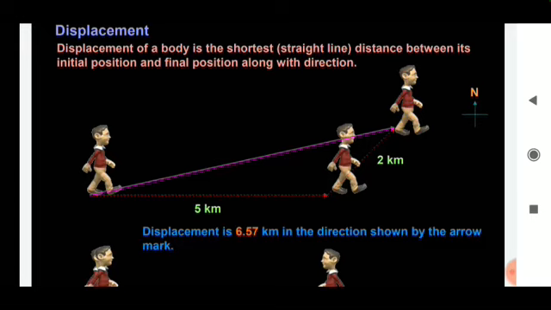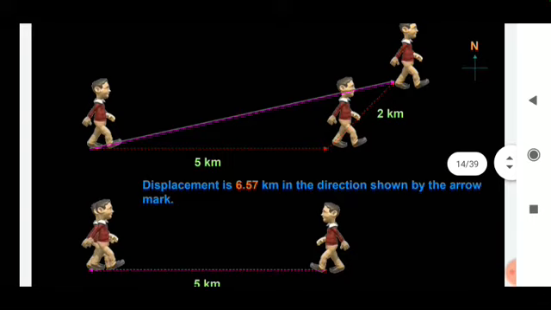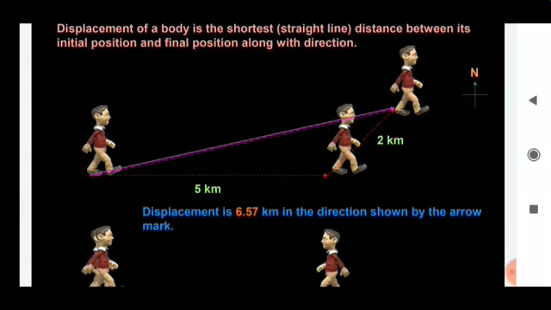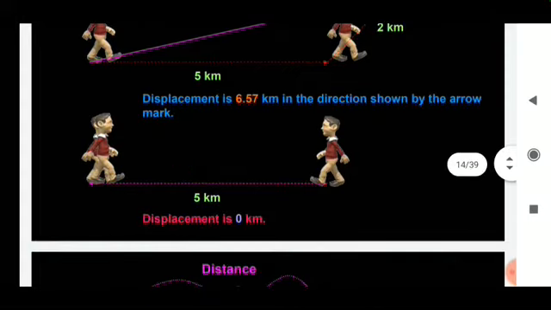But where is the starting position? Starting position and final position. Here one arrow mark shows the final position for us. So here the displacement is 6.57 kilometers in the direction shown by the arrow mark.